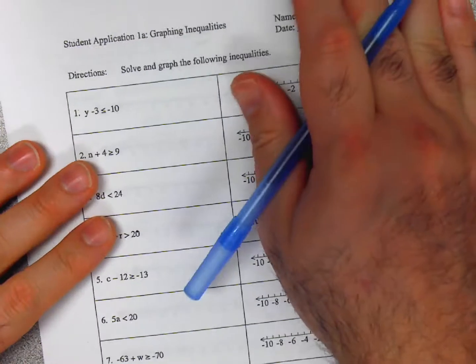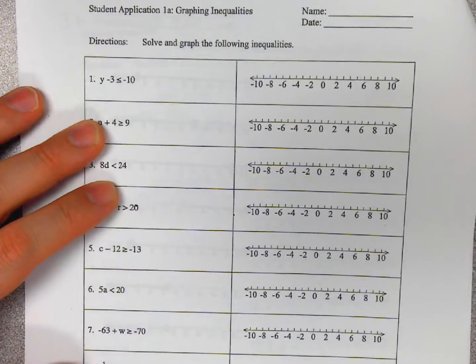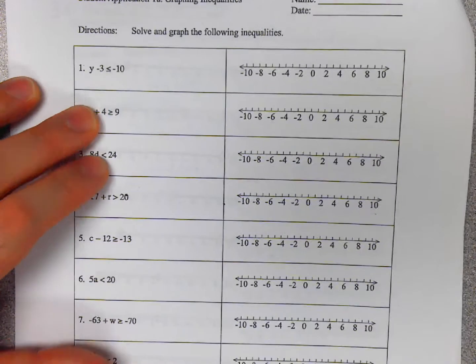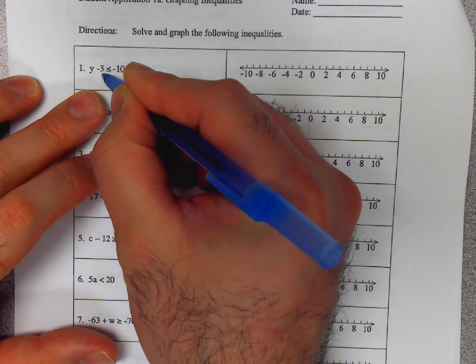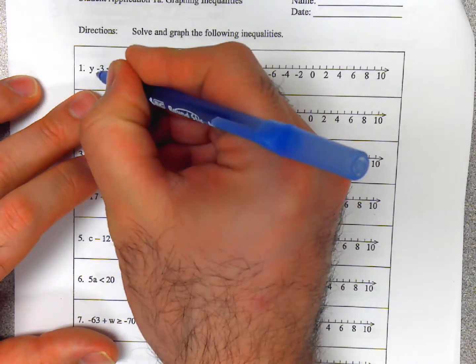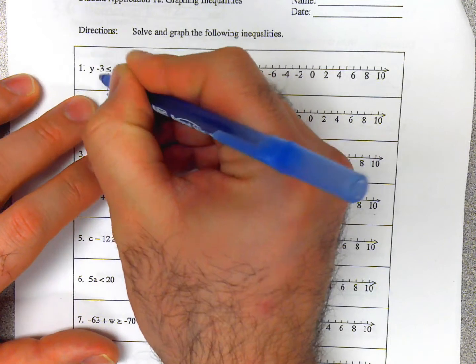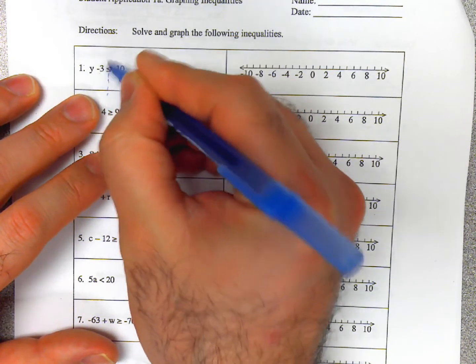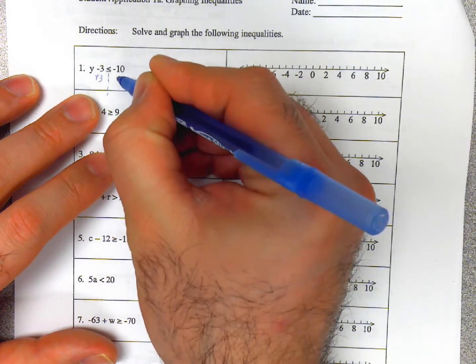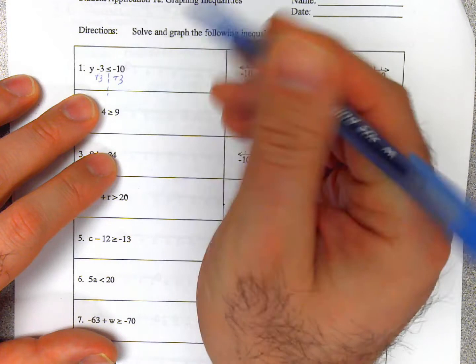And we're going to deal with using our adding and subtracting to solve. All right? So on this side, y minus 3. We can add whatever you think is the opposite. Whatever you do to one side, we have to do to the other. Opposite of -3 is add 3. Whatever you do to one side, you have to do to the other.